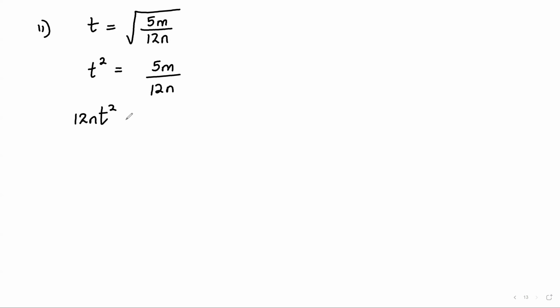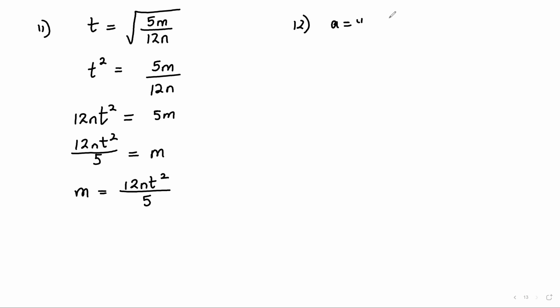Then number 12, it says if A is equal to 4, B is equal to -2, and C is equal to 3. Calculate the value of A times B minus C, all divided by B times C. So all you have to do here, girls, is substitute the value of each term into the formula.